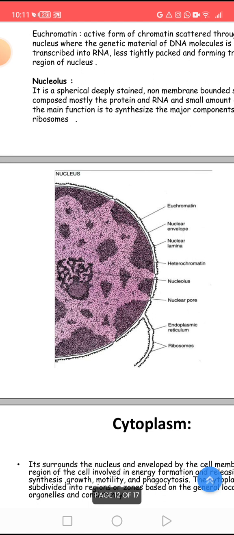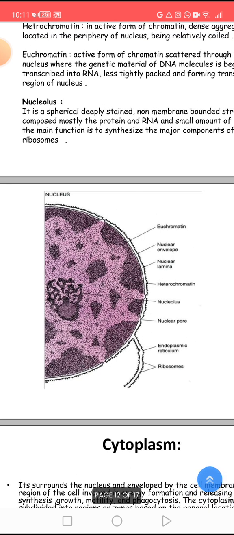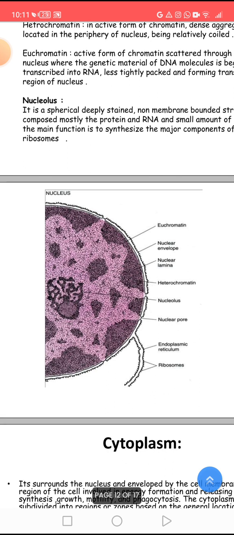Any part of the cell that takes the light or red color of stain, that absorbs the eosin, is called acidophilic. But basophilic appears dark under the light microscope.